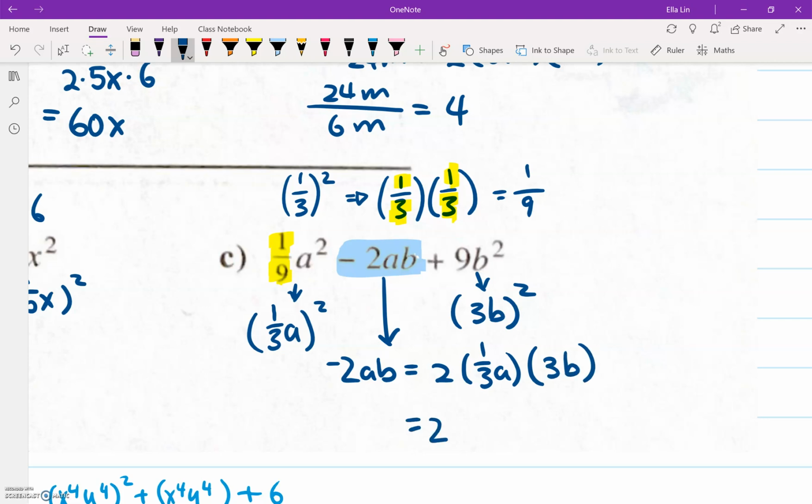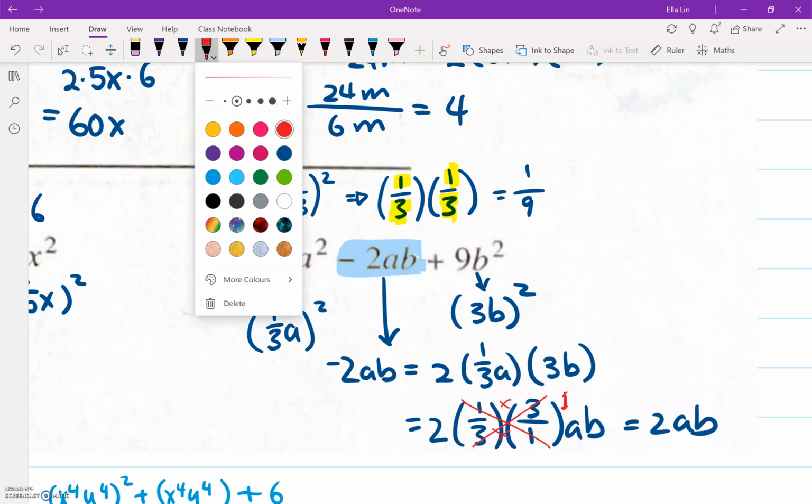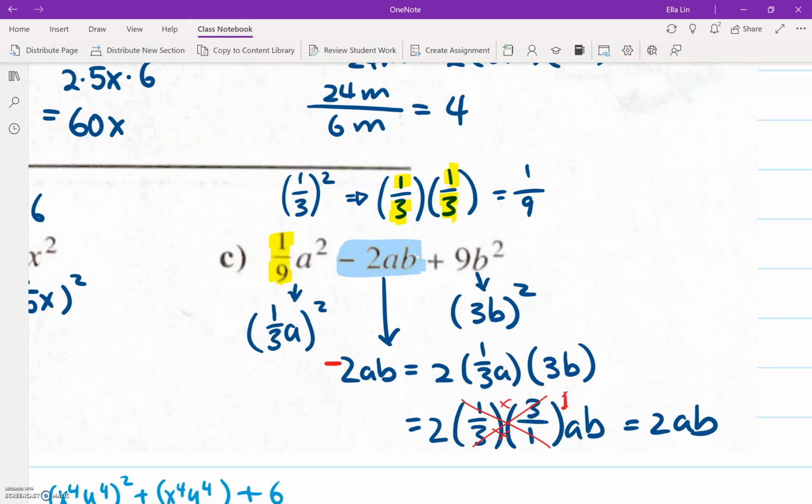I'm going to rewrite it so that it's easy to see. 1 over 3 times 3 over 1 ab. 3 times 3 is 3. 3 times 1 is 3. So together these cancel out and I have 1 for that value. So my answer here is yes, it equals 2ab. The only thing I am missing then is a negative sign.